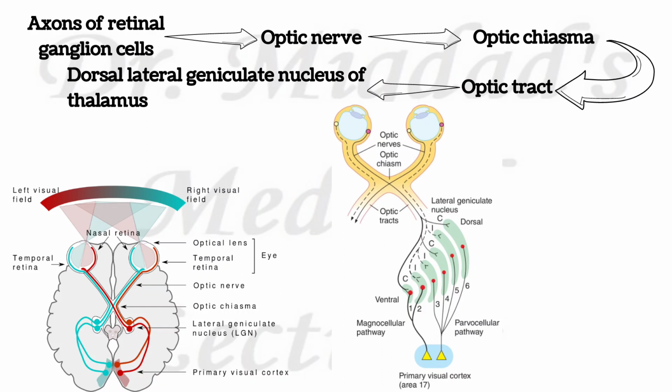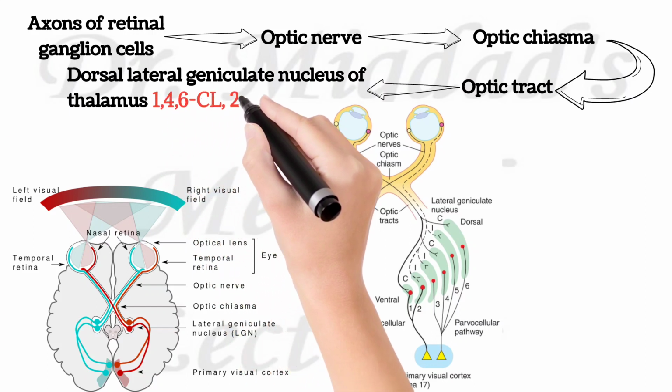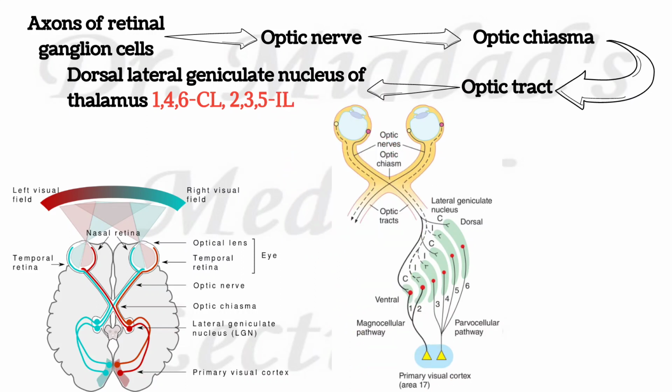On each side, layers 1, 4 and 6 receive input from the contralateral eye, whereas layers 2, 3 and 5 receive input from the ipsilateral eye.